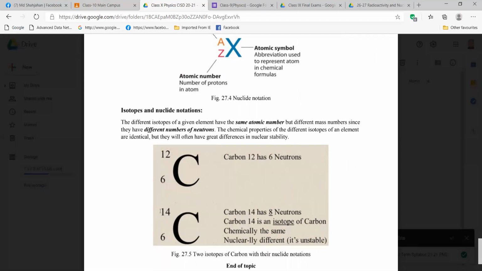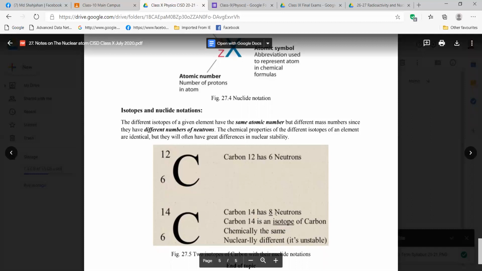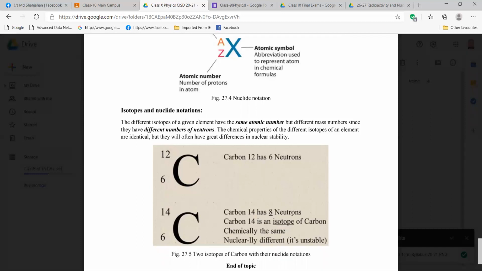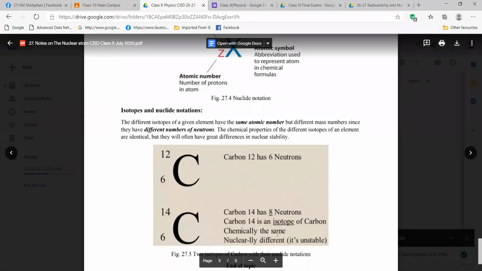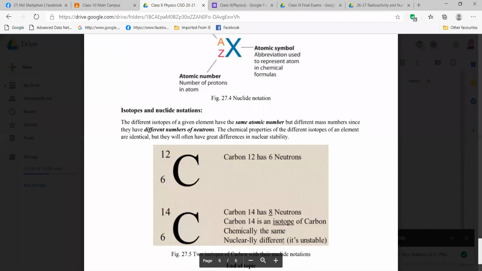So how many neutrons? 14 minus 6, which is 8. So carbon 14 has 8 neutrons, and carbon 14 is an isotope of carbon, chemically the same, nuclearly different.